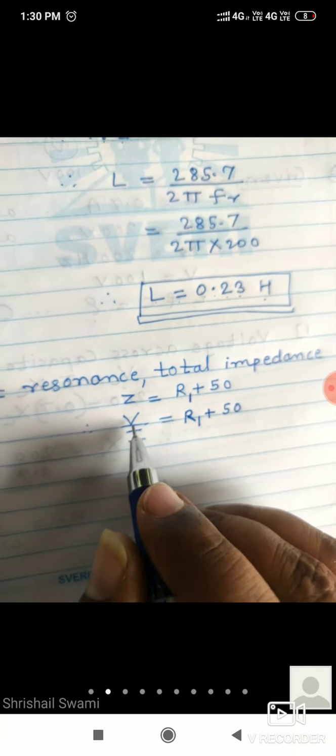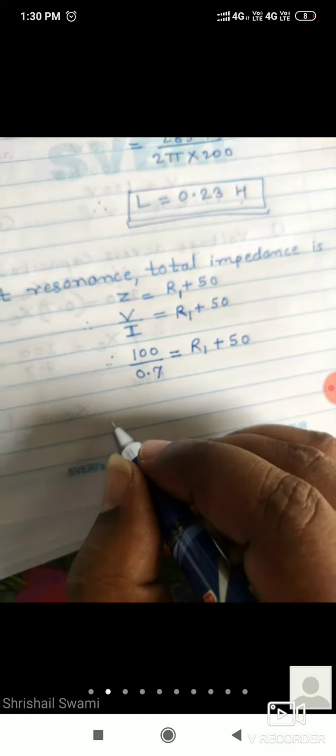V is the input, that is 100. I value is given as 0.7. So can you find R1 value now and tell? 100 divided by 0.7 minus 50, 92.85 ohm. So this is the answer of R1.